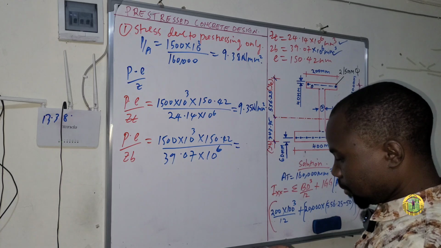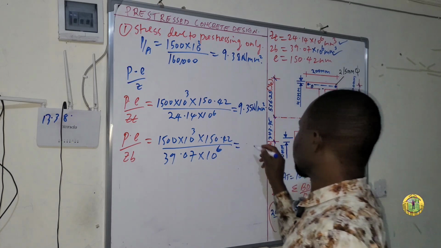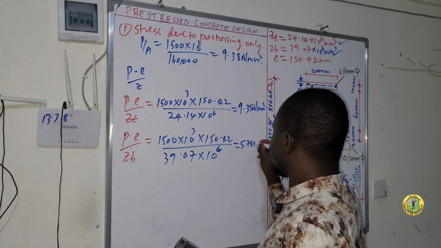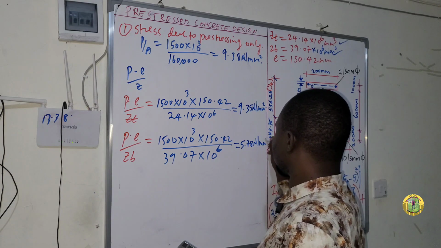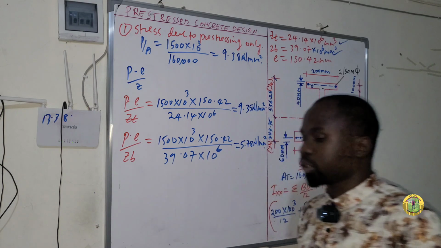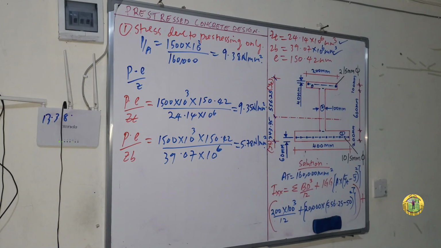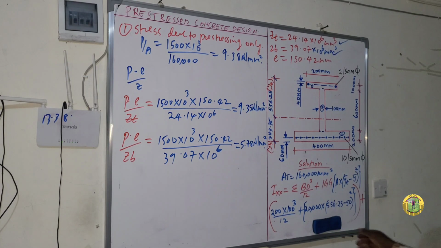So the answer is equal to 5.78 Newton per millimeter square. So that is part 1 of the question. We now proceed to part 2 of the question. So allow me to clean here.